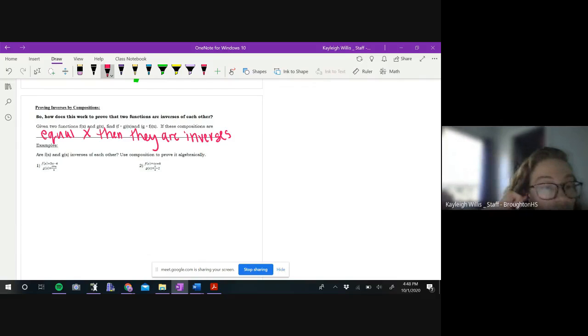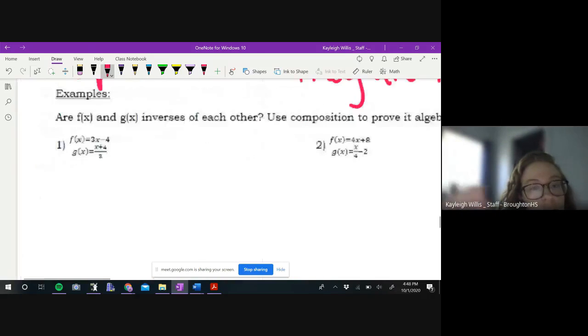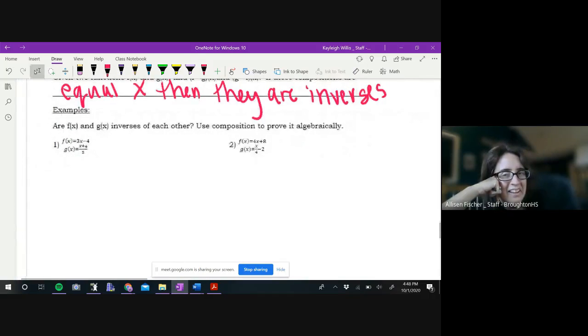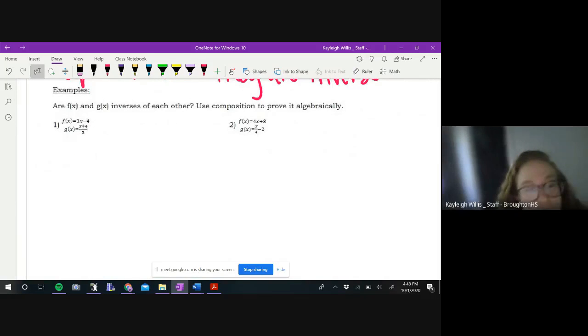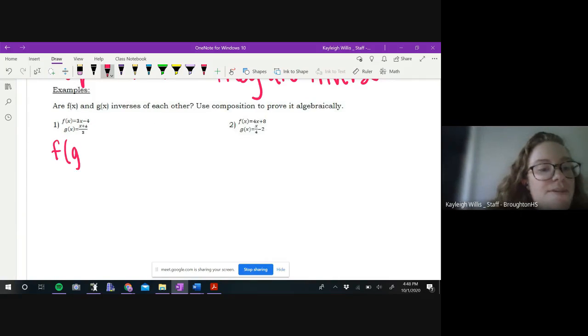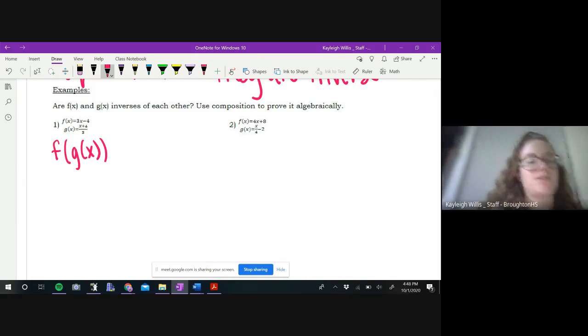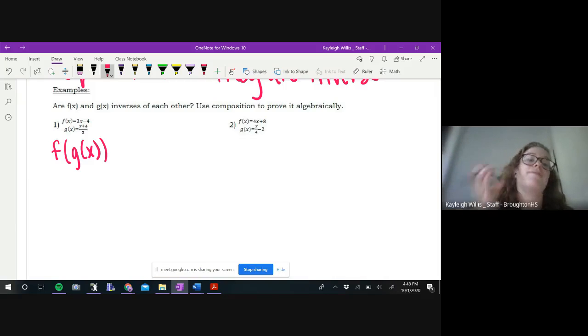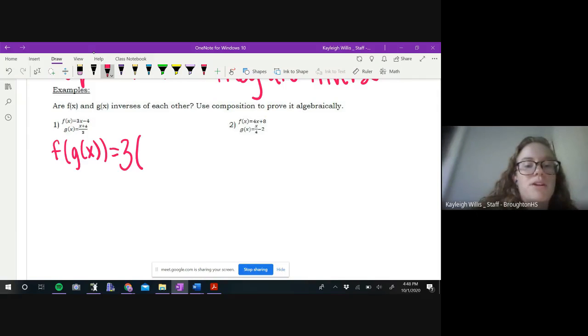I have a strong feeling I am only going to be doing one of these guys. So we are going to do f of x equals 3x minus 4, and first we're going to find f of g of x and see what that equals. That means I am taking g and plugging it into f. So I'm going to write f with an open parenthesis where I plug in my g function.